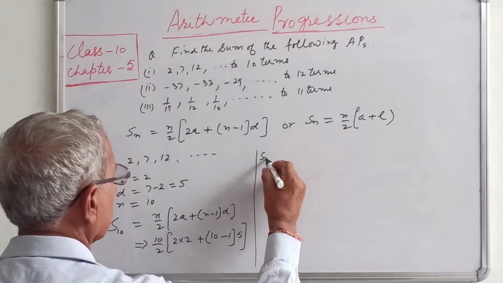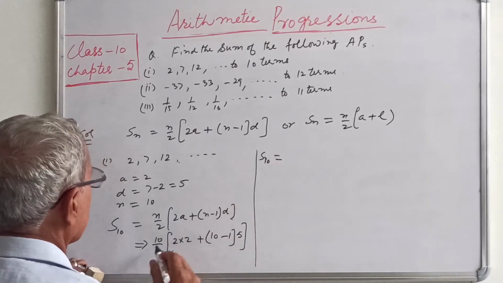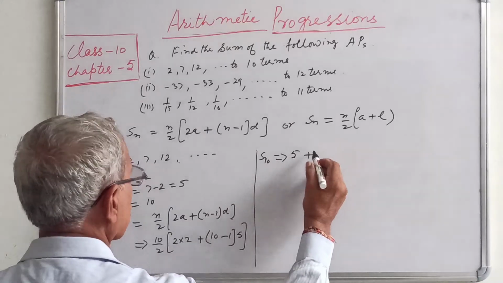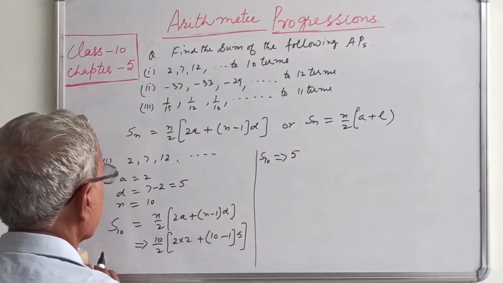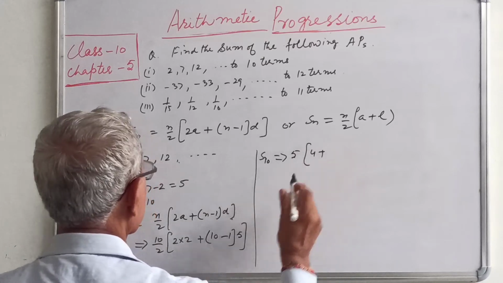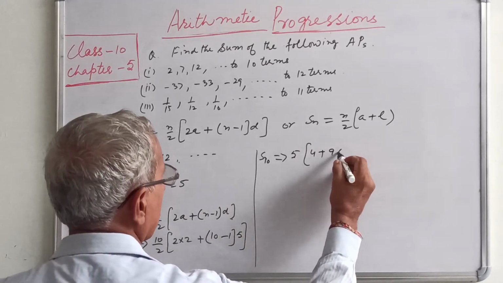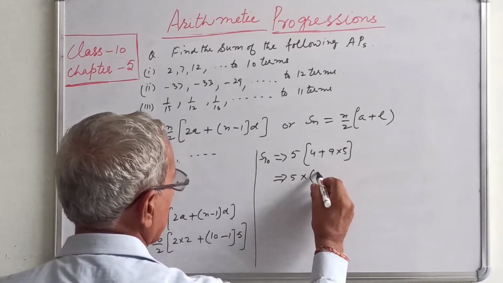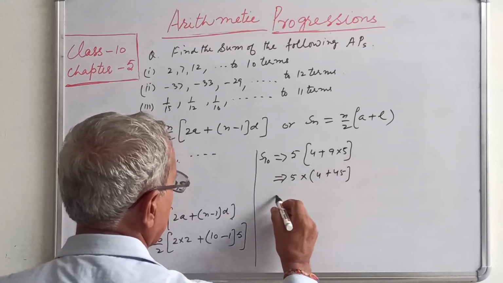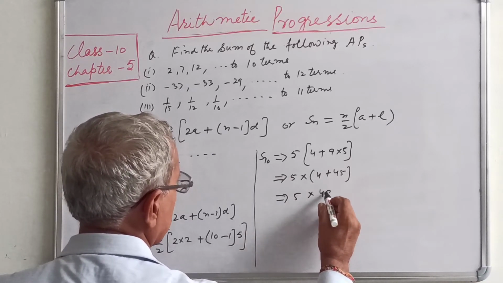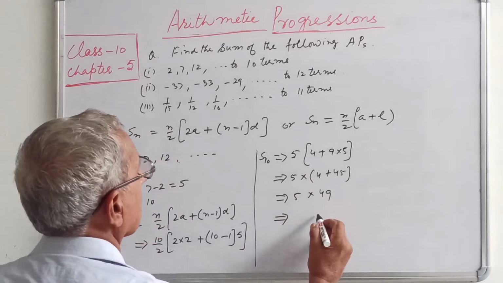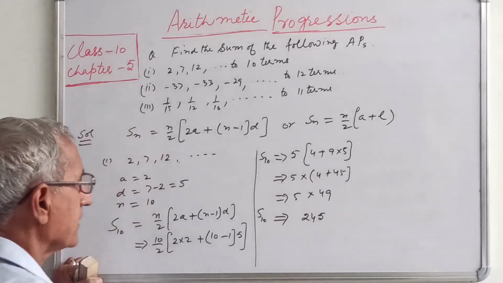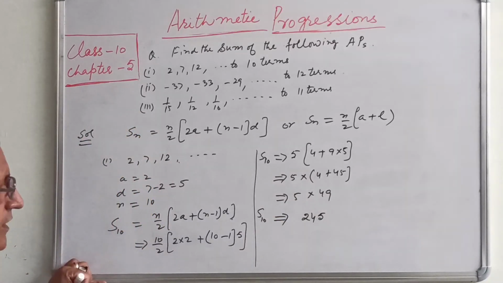So S10 will be, 2 से कैंसिल किया, आ गया 5 प्लस 5 इंटू 4 प्लस 9 मल्टीप्लाई, 5 इंटू 4 प्लस 45, 5 इंटू 49, 245. So that will be the sum of the 10 terms of the given AP. The answer is 245.